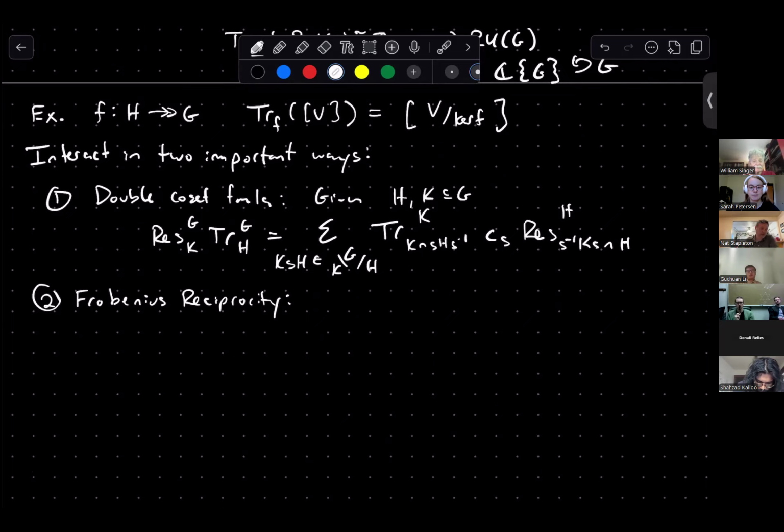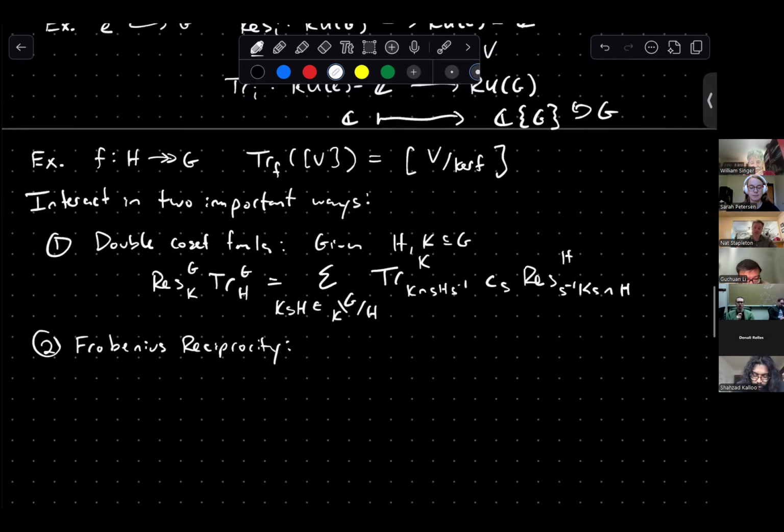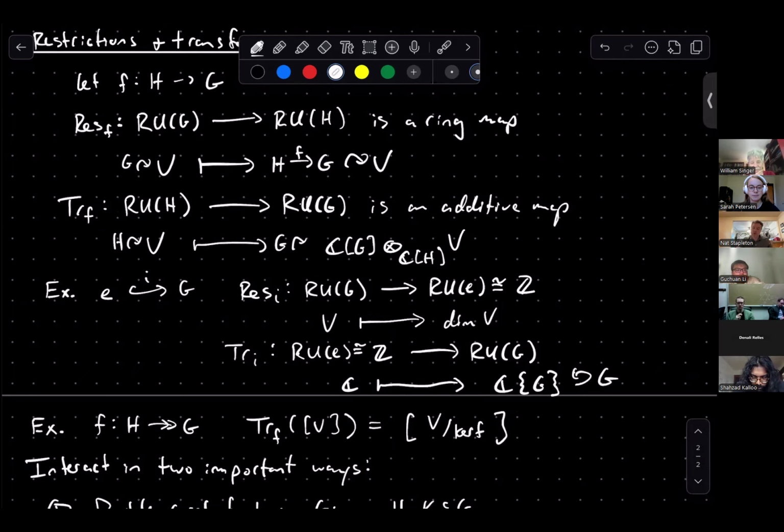So what's Frobenius reciprocity? Well, Frobenius reciprocity tells us that the transfer is actually a module map. The transfer up here from RU of H to RU of G is an RU of G module map. But what's the RU of G module structure on RU of H?